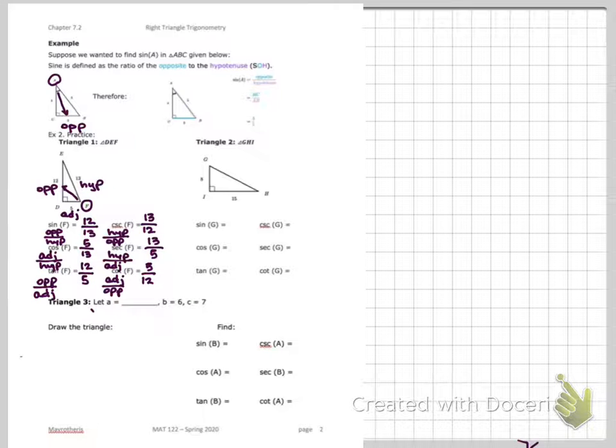All right. Triangle 2, we've got triangle GHI. I is our right angle. Notice here we have the 2 legs labeled, but we don't have the length of the hypotenuse. So for any right triangle, we can use the Pythagorean theorem.